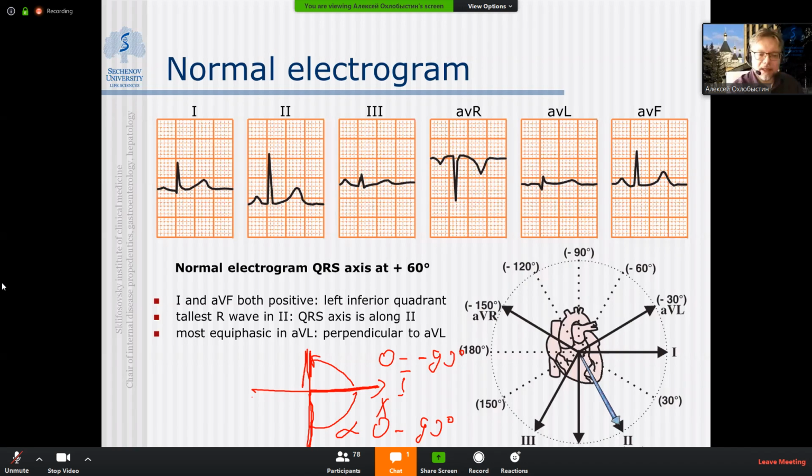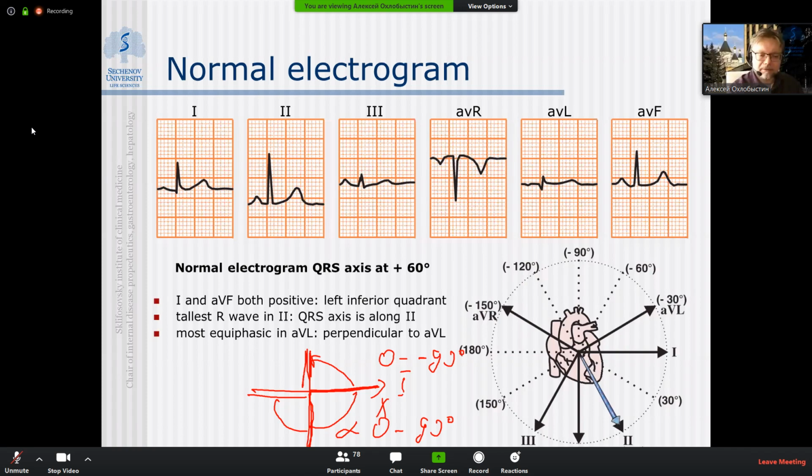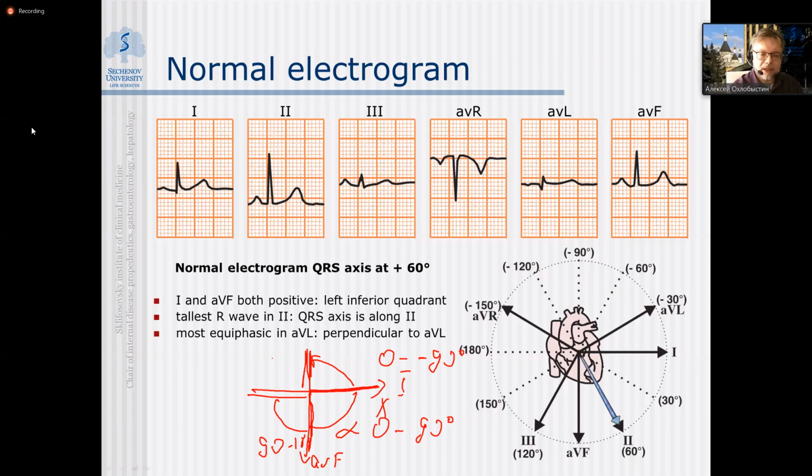If there will be negative in first and positive in AVF, that will give us angle alpha 90 to 180, and both negative means that your patient has angle alpha between 180 and 270 degrees, if I'm correct.